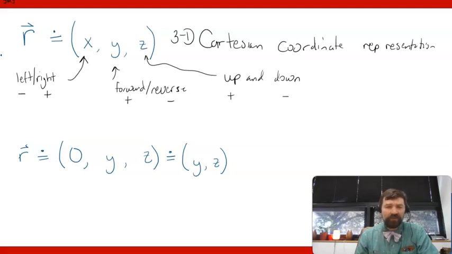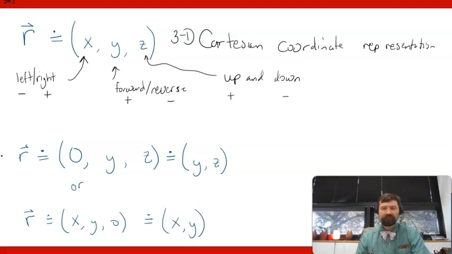Or more often we really abbreviate this by removing the z term rather than the x term. Okay, so this is very common. We might say r is represented by x, comma, y, comma, 0, which is just simply x, comma, y. You know, either of those is correct.